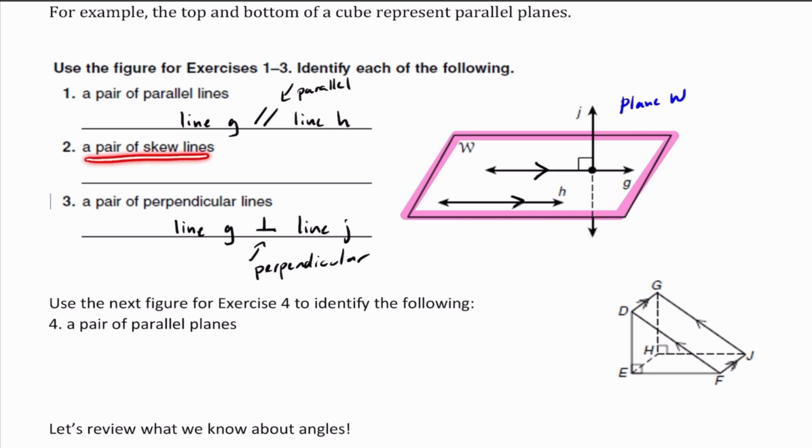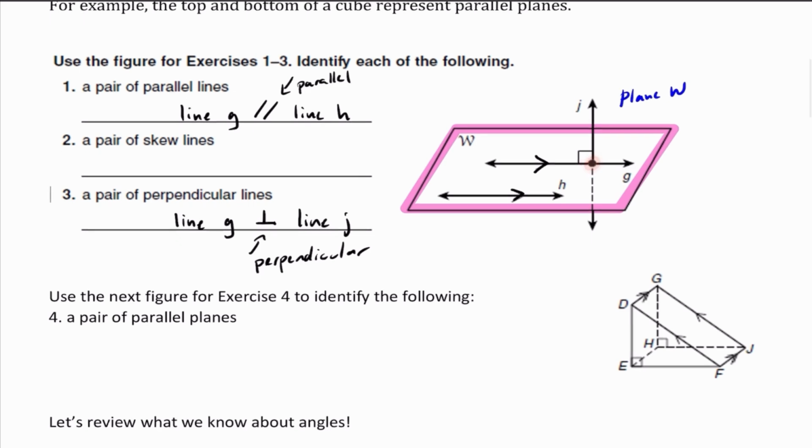Number 2, a pair of skew lines. So remember, skew lines are lines that don't intersect and are on different planes. I'm going to say that line H and line J are skew lines. Line H is part of plane W, and line J, the only part of line J that's on plane W is this point.